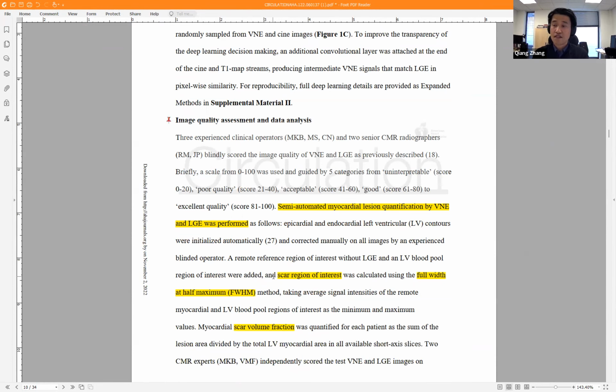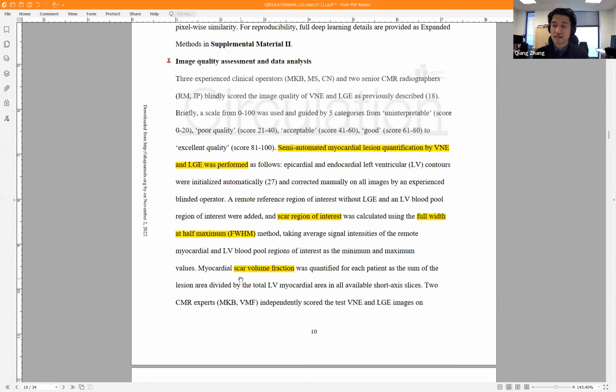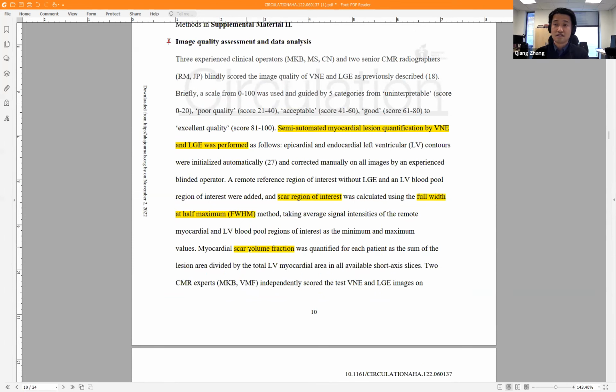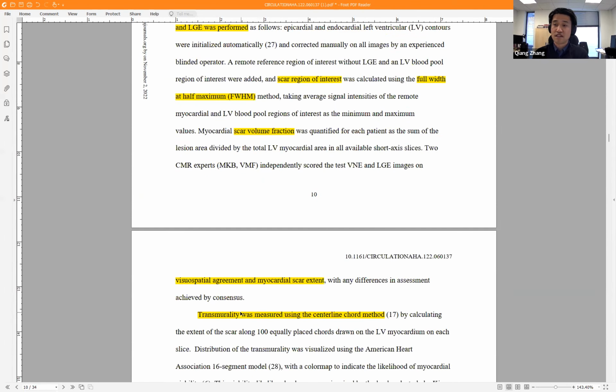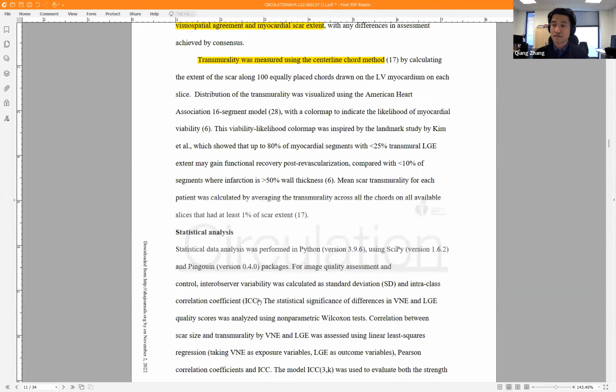We derive the scar region of interest calculated using a full-width half-maximum method. Then we calculated the scar volume fraction and the transmurality of the scar on both images. We also asked 2 CMR experts to assess the visual spatial agreement and the myocardial scar extent on the LGE and the VNE images.